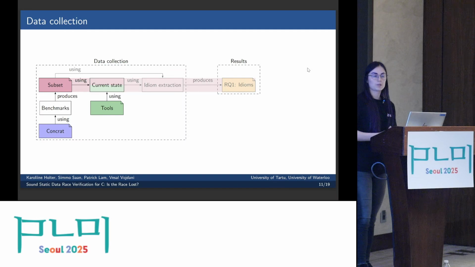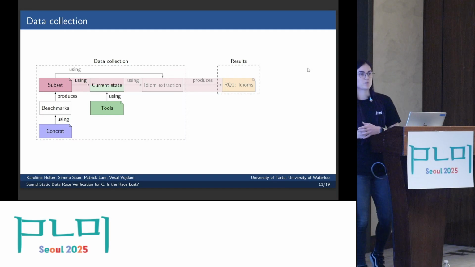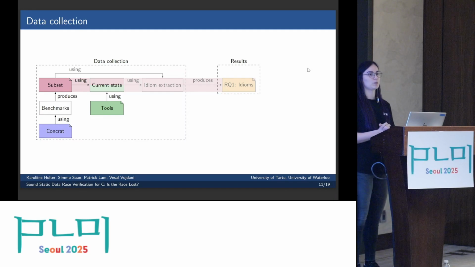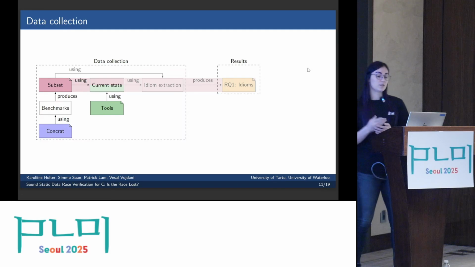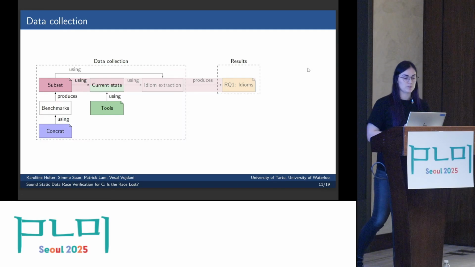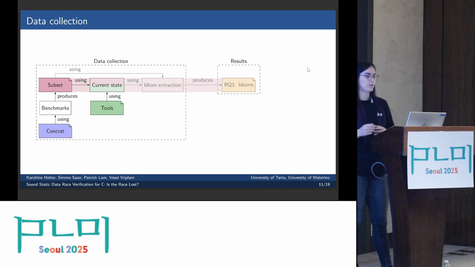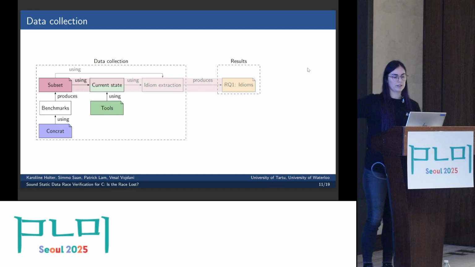So now that we have seen some of those idioms that we are not able to handle yet while trying to prove data race freedom in C, there are more examples in the paper, but I will go briefly through the methodology that we used. First of all, the data collection part.